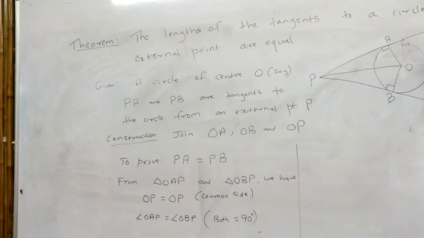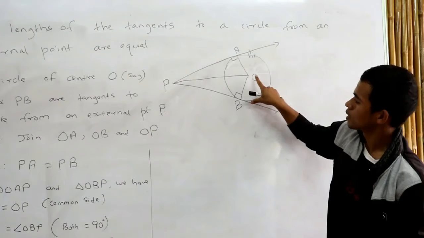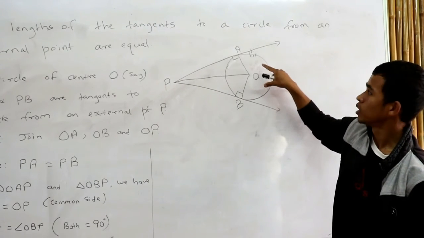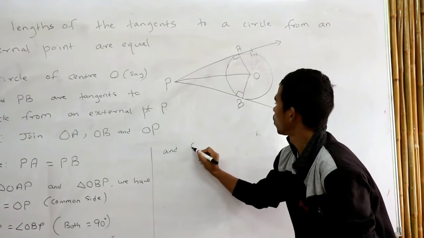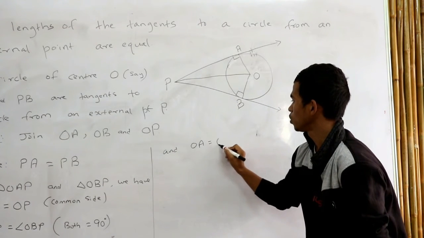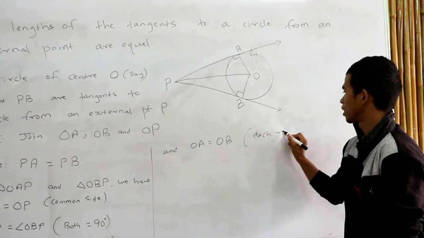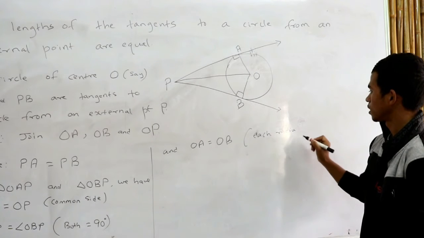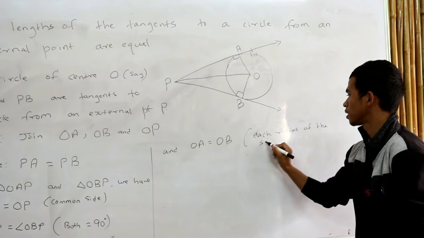And finally, this side OA is a side of this triangle, which is the radius of this circle, and this side OB is a side of this triangle OBP, and it is a radius of the same circle. So they are equal, OA is equal to OB. They are both radii of the same circle.